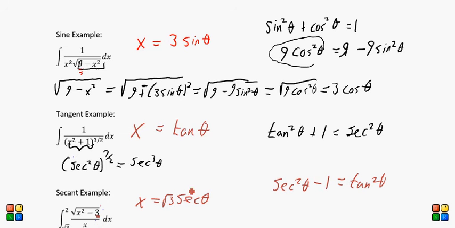Just like in the first example, I put a 3 there because the square root of 9 was 3. And so if I substitute x equals square root of 3 secant theta, that will have the effect of getting rid of that square root. What we have under the square root would be 3 tangent squared.